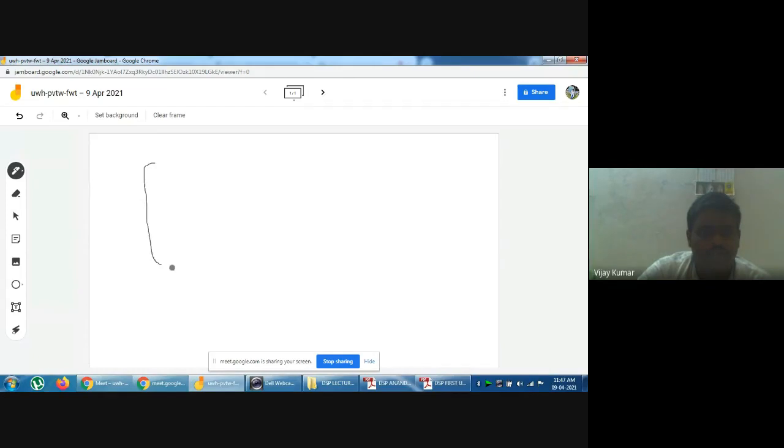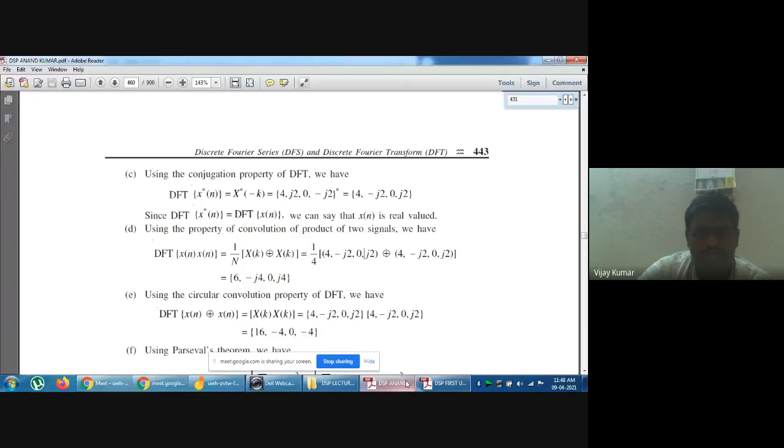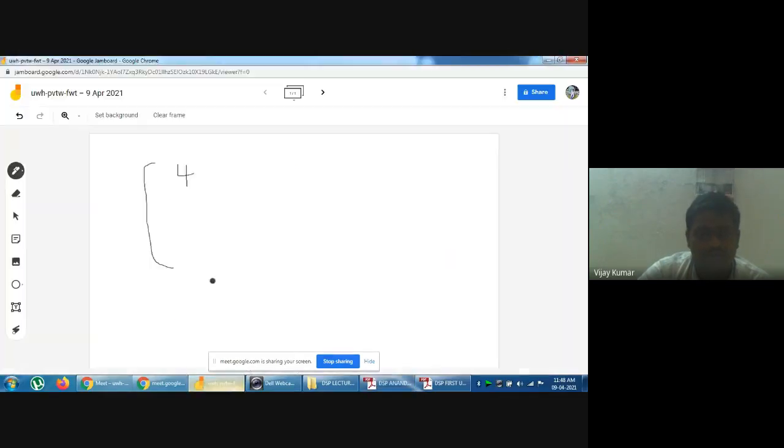So you need to write like this: 4, minus 2j, 0, 2j. Now you need to form the matrix, and one more column matrix will be 4, minus 2j, 0, 2j.